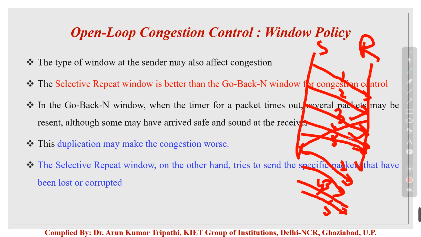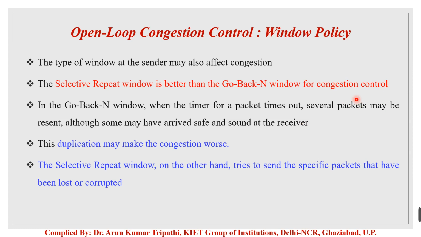What is the benefit? The retransmission policy must be such that there is a minimum amount of retransmission of packets. In go back N ARQ, when the timer for a packet times out, several packets may be resent, although they may have arrived safe and sound at the receiver.